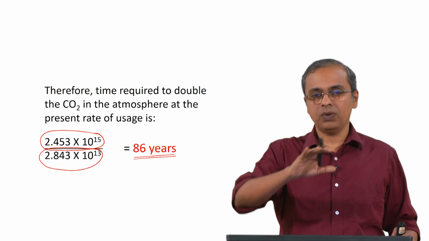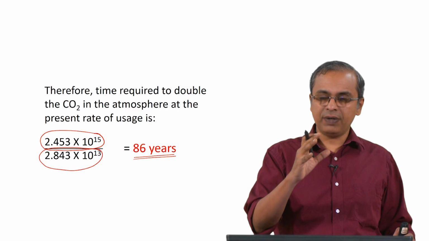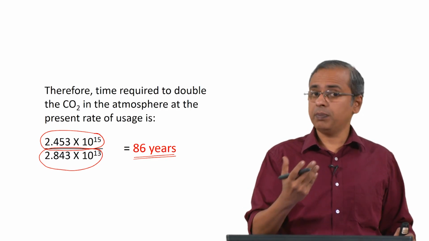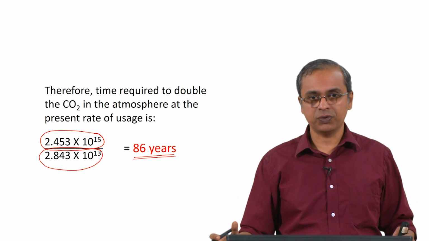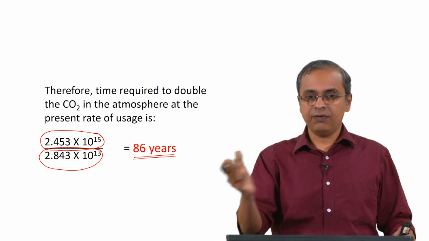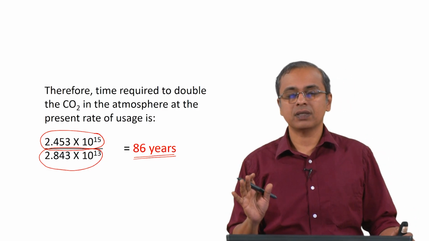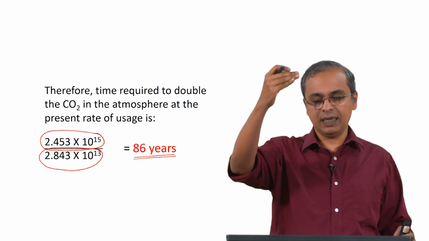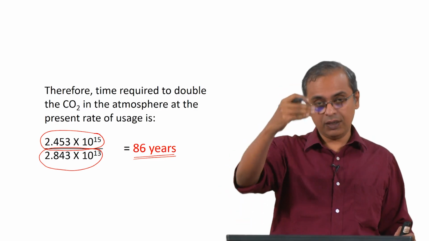Please keep in mind that our solar system has been around for a few billion years, and we have had evolution occurring over several millions or tens of millions of years. Human beings have been around for several tens of thousands of years in various states of evolution, and if you take all of that into context, 86 years is nothing. 86 years is virtually a fraction of a second in terms of the entire evolution that has happened in humankind on the planet.